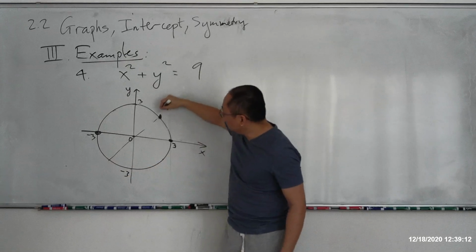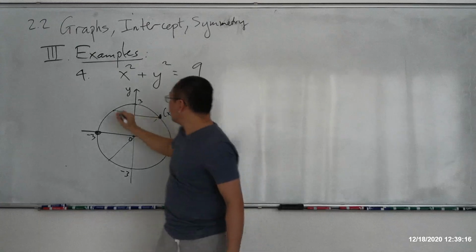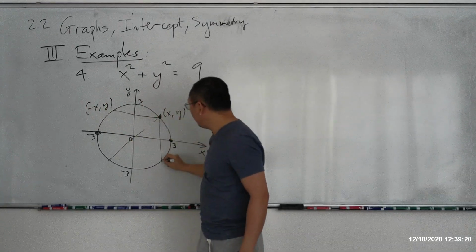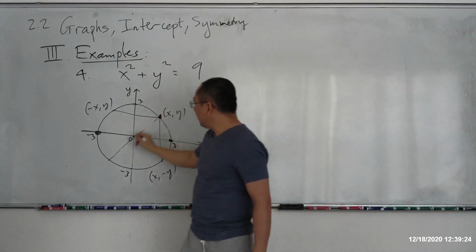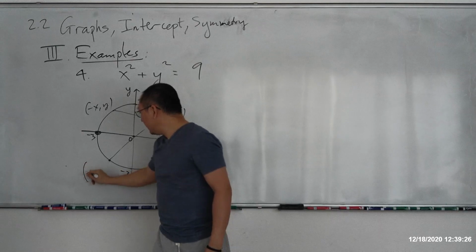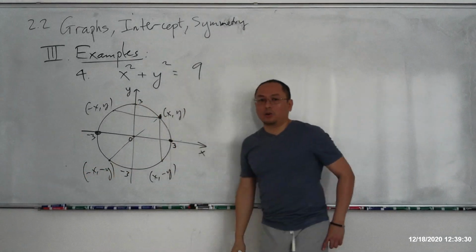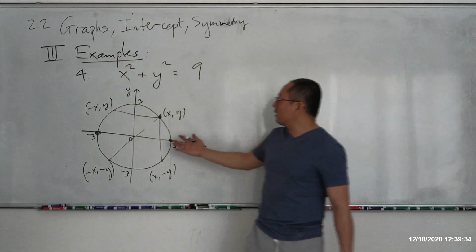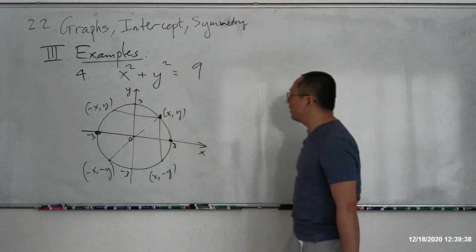This point right here, flip over here, this is what? x, y becomes negative x, y. The point right here, flip over the x-axis, becomes x comma negative y. You flip over the origin, you got what? Negative x comma negative y. And all those points when we flip over are still on the circle. Therefore, this circle has symmetry about the x-axis, symmetry about the y-axis, and symmetry about the origin.